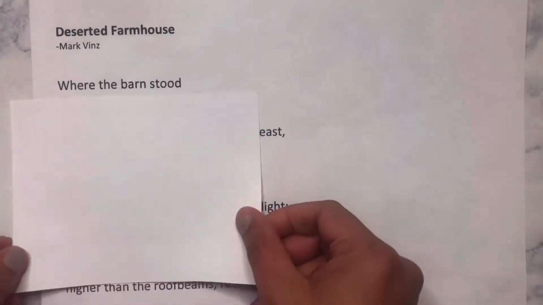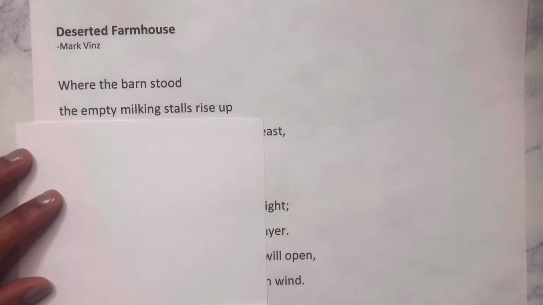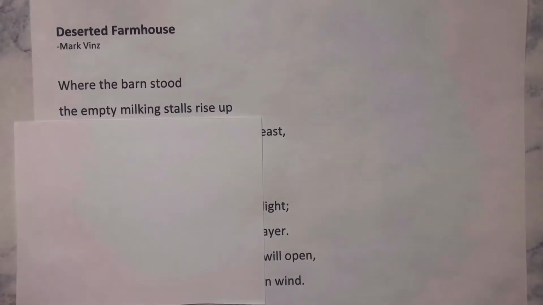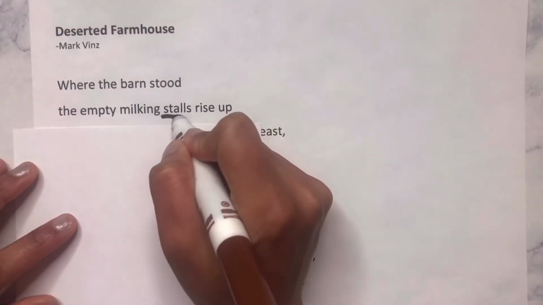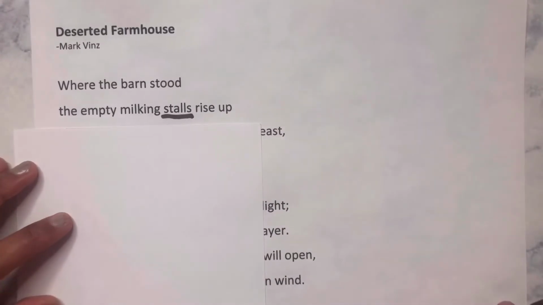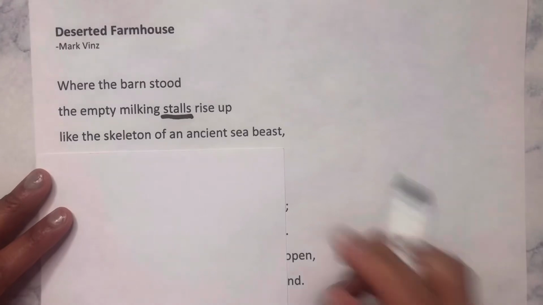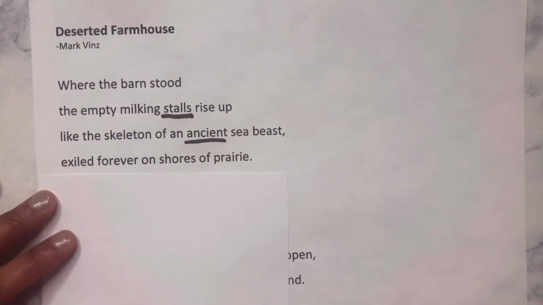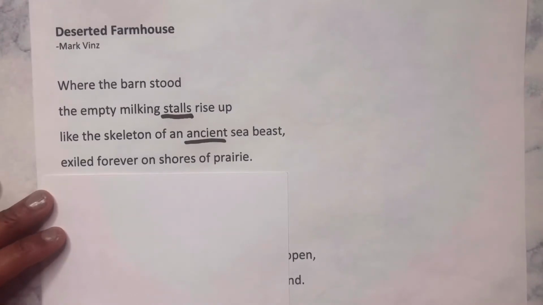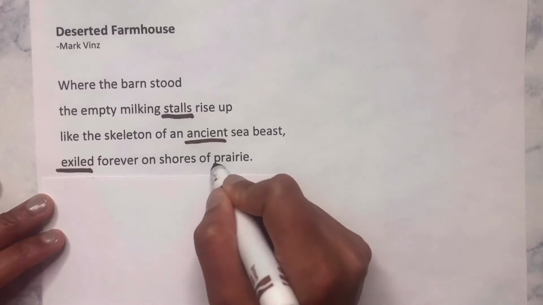So if we start where it says, where the barn stood, the empty milking stalls rise up. I'm going to underline the word stalls. Like the skeleton of an ancient sea beast, exiled forever on shores of prairie. I'm going to underline exiled and prairie.